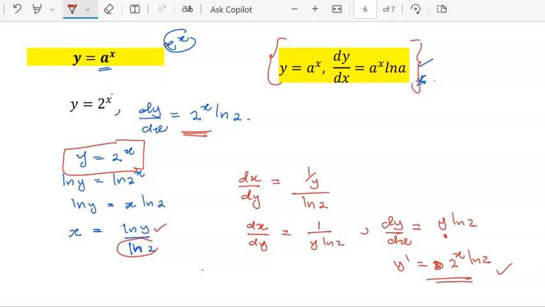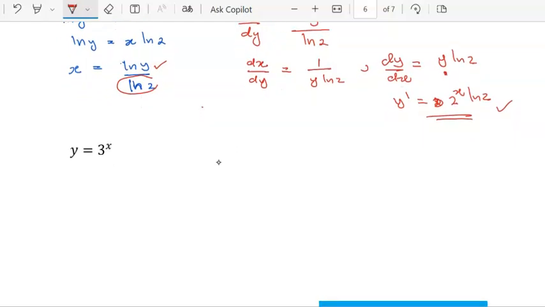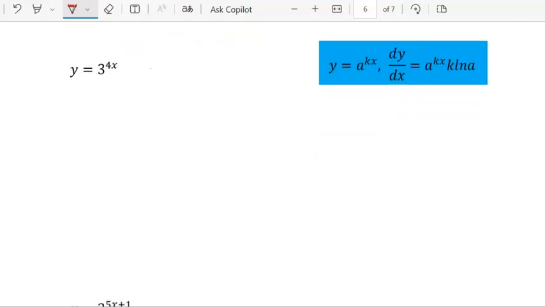All right. What if this is not x, but something like 3 to the power of x? We don't have to do any working out here. If you remember our formula, the dy/dx for this one is equal to just 3 to the power of x times natural log of 3. We have seen the process. Now, what if we have 3 to the power of 4x?